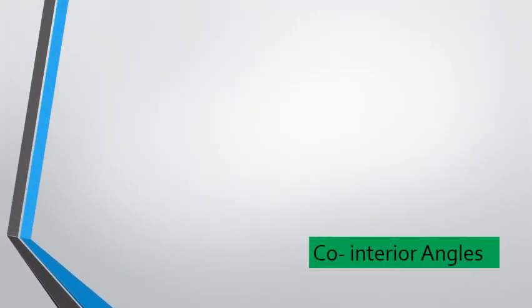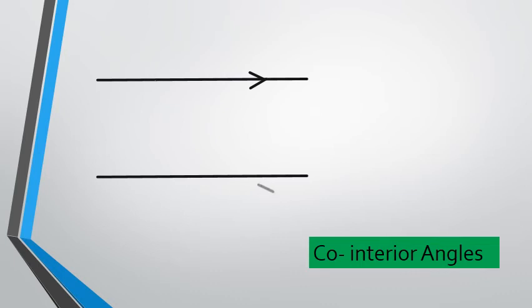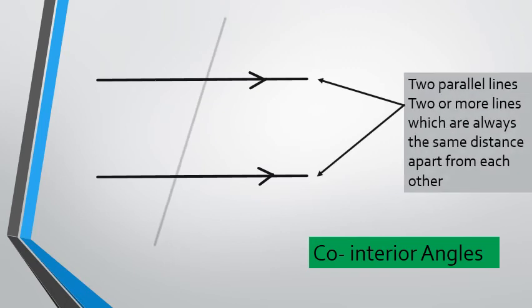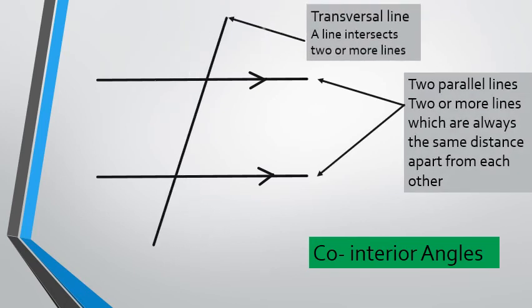The next and the last one that I would like us to look at in this section is the co-interior angles. But let's quickly design again the parallel lines. Now let's see where we're going to find the co-interior angles.